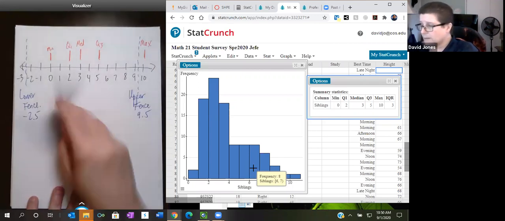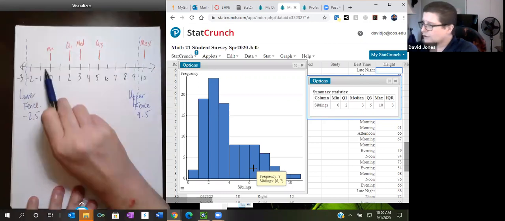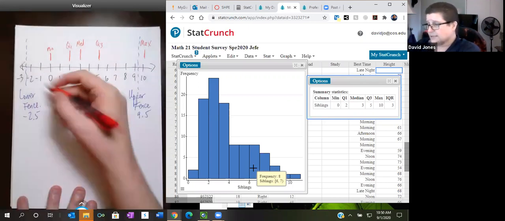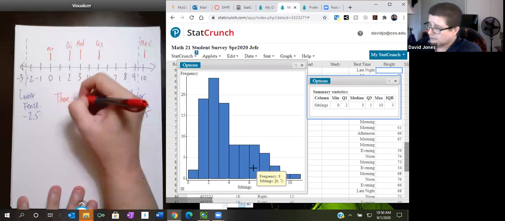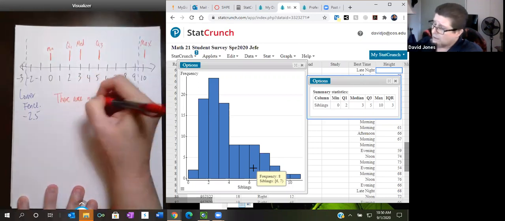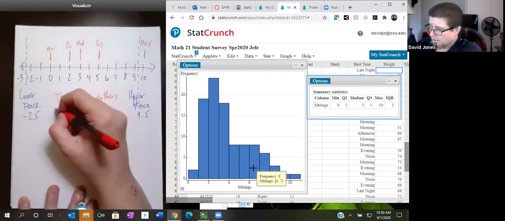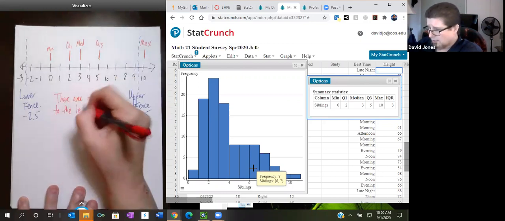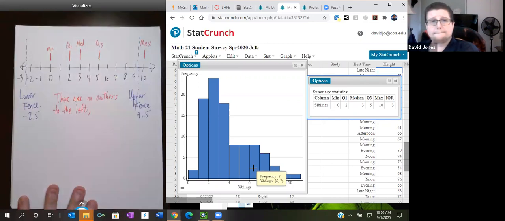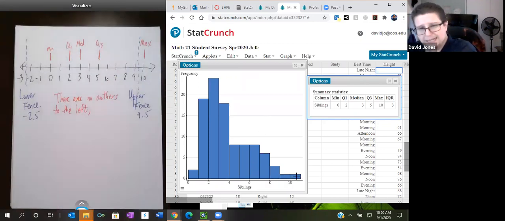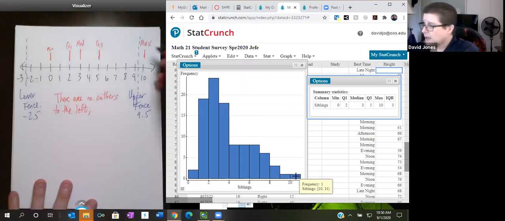Now, the minimum value was 0, which means there are no outliers to the left. But how many students were there for 10? There was one student that had 10 siblings.